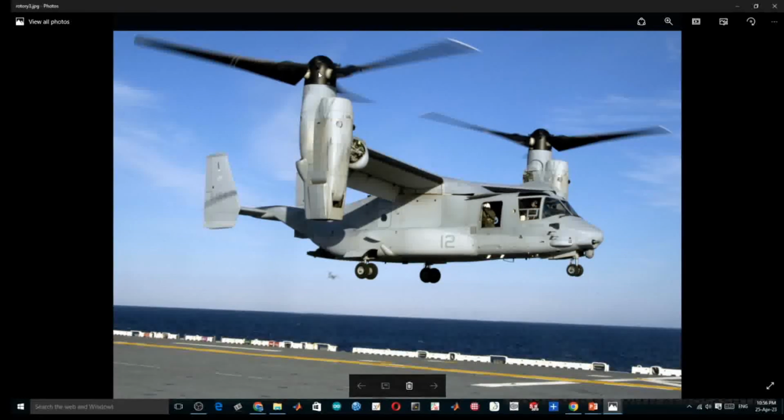When this propeller achieves sufficient velocity so that it can glide, in that condition this propeller will turn 90 degrees and push this aircraft forward, and it maintains the speed and glides basically.